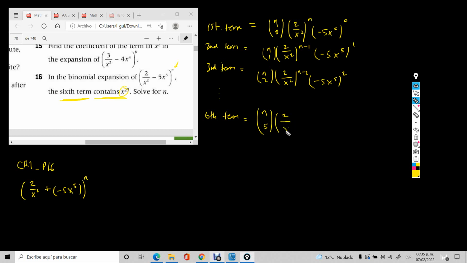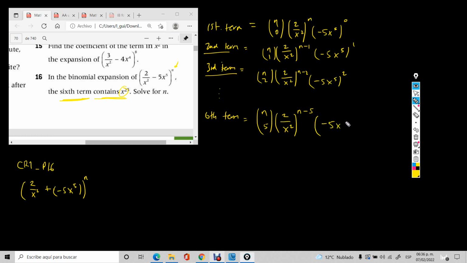And we can also do some pattern recognition in these exponents. If you notice, we have second term, and here we have minus 1, third term, and we have minus 2. So sixth term, and this should be n minus 5 as exponent.